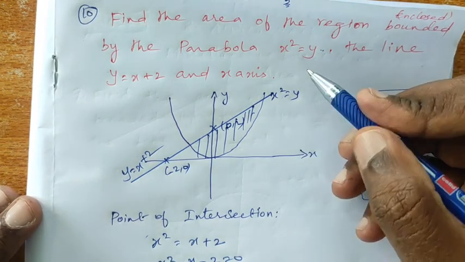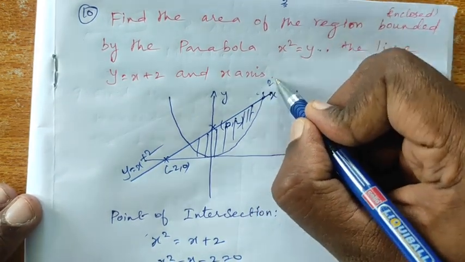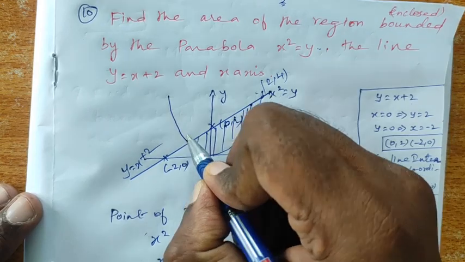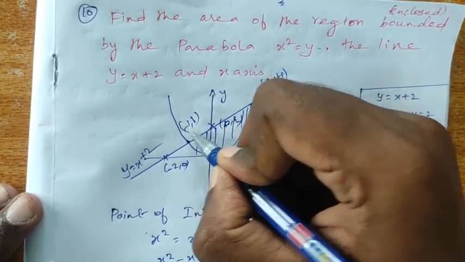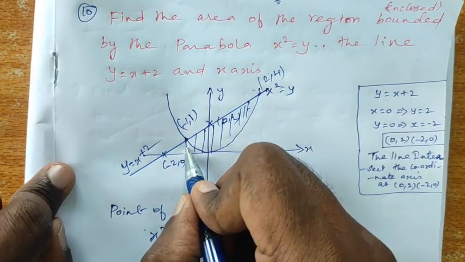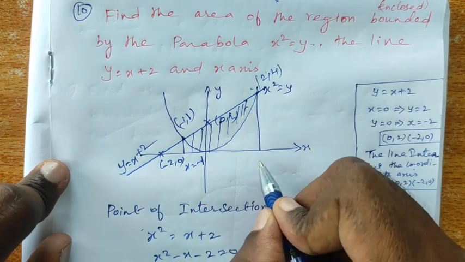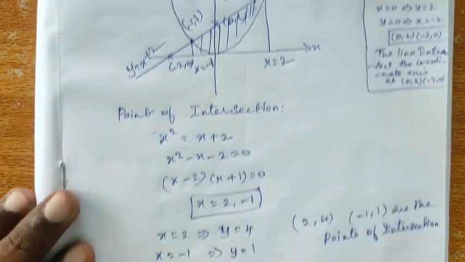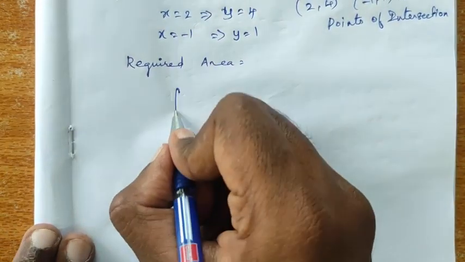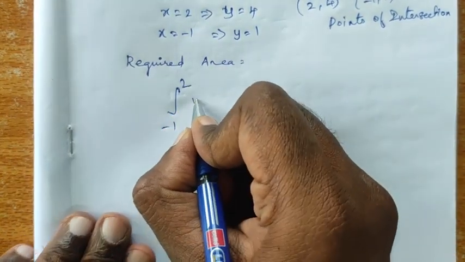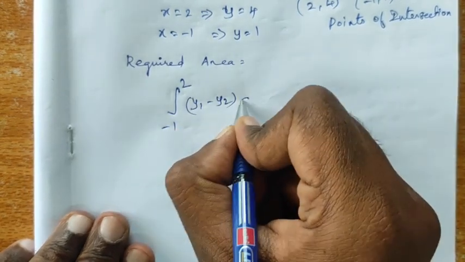Now we have to plot the points of intersection 2 comma 4 and minus 1 comma 1. So now the limit on x-axis is x is equal to minus 1 to x is equal to 2. So area formula: integration minus 1 to 2 of y1 minus y2 into dx.